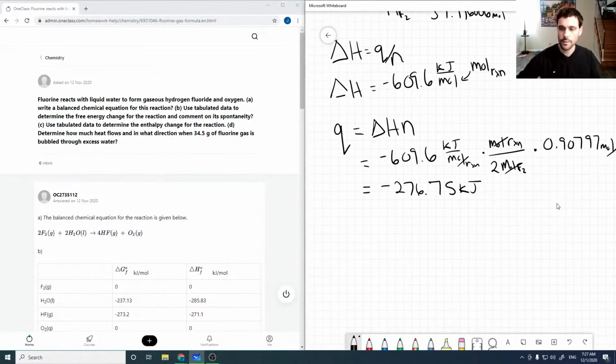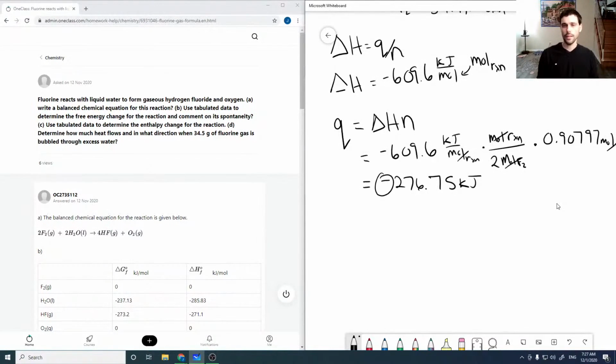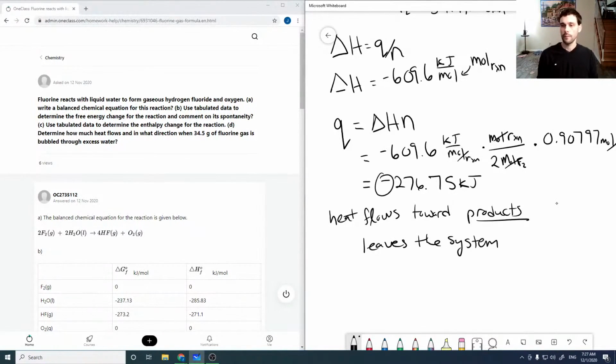So minus means that it's leaving, so it's on the product side. So the heat flows toward products, or it leaves the system. Okay. All right.